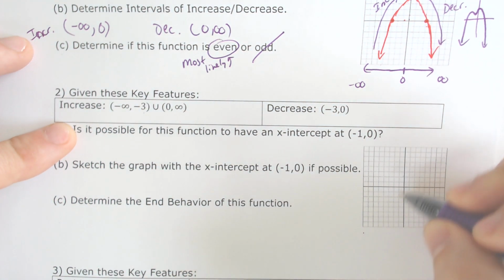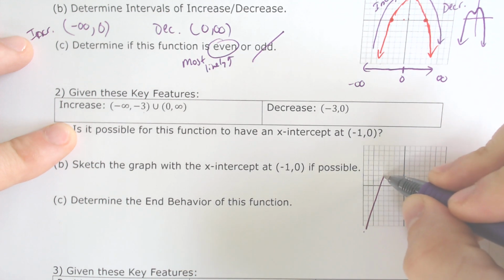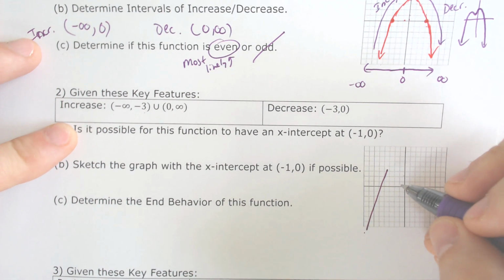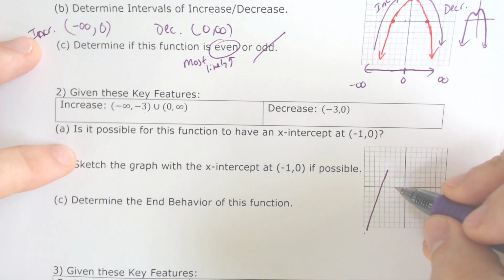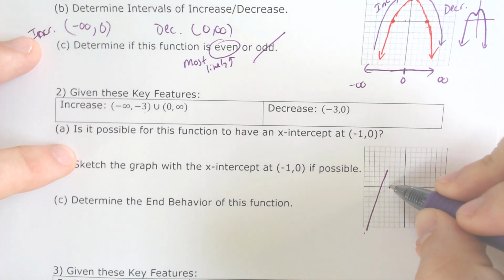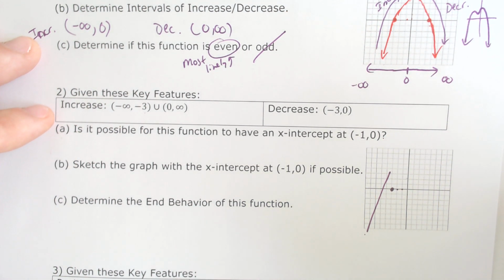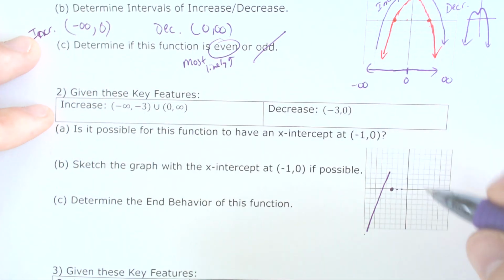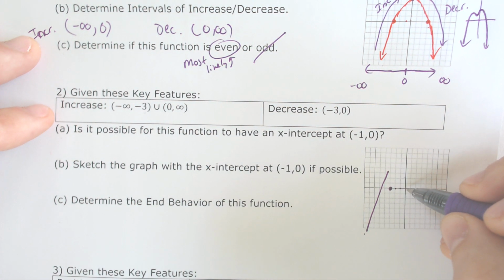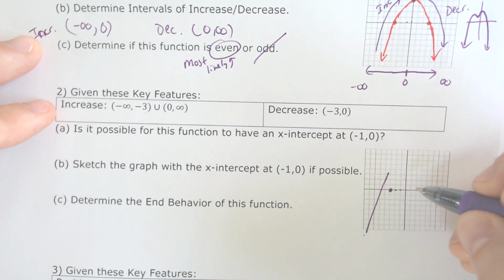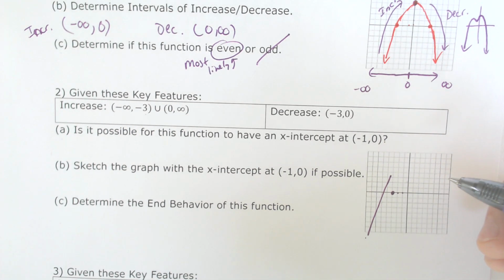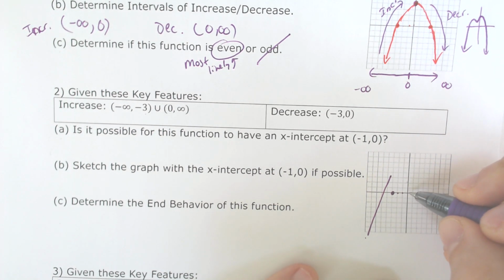That means it's going up until you get to the point of negative 3: 1, 2, 3. It is also increasing from 0 to infinity, so from 0 to infinity, it is also going up.